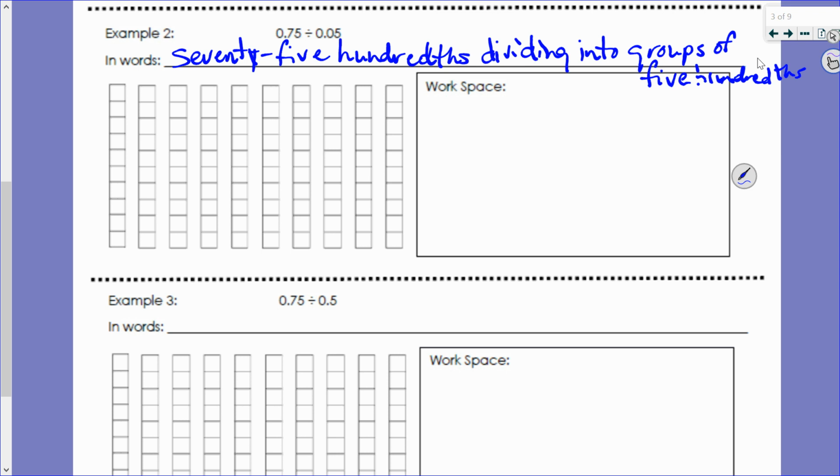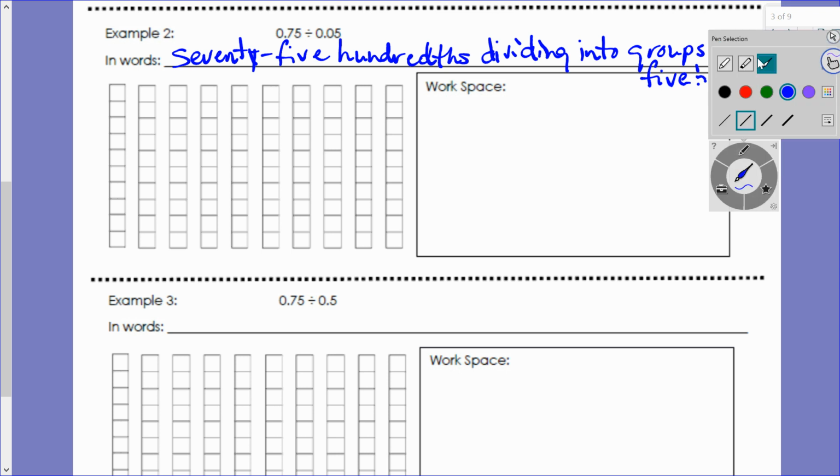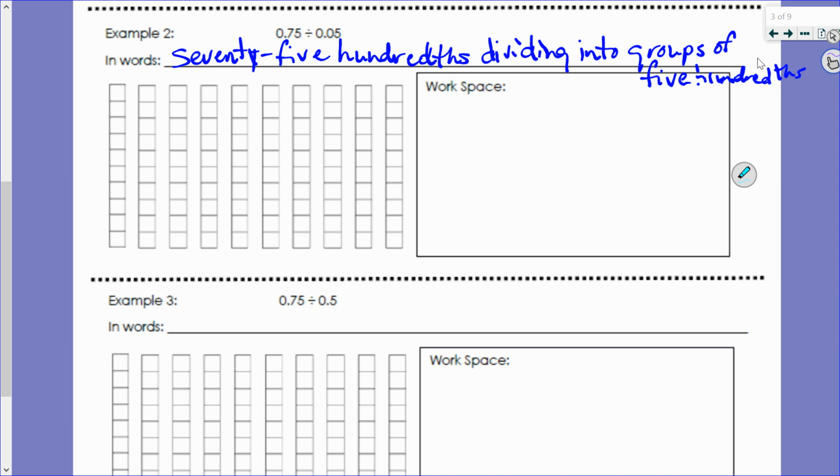So just like last time, let's go ahead and start with our highlighters. And we're going to highlight 75 hundredths. So knowing that each one of these lines is 10, how many full lines am I going to do to get to 75? Nicholas? 7 full groups. So we'll do 7 full lines.